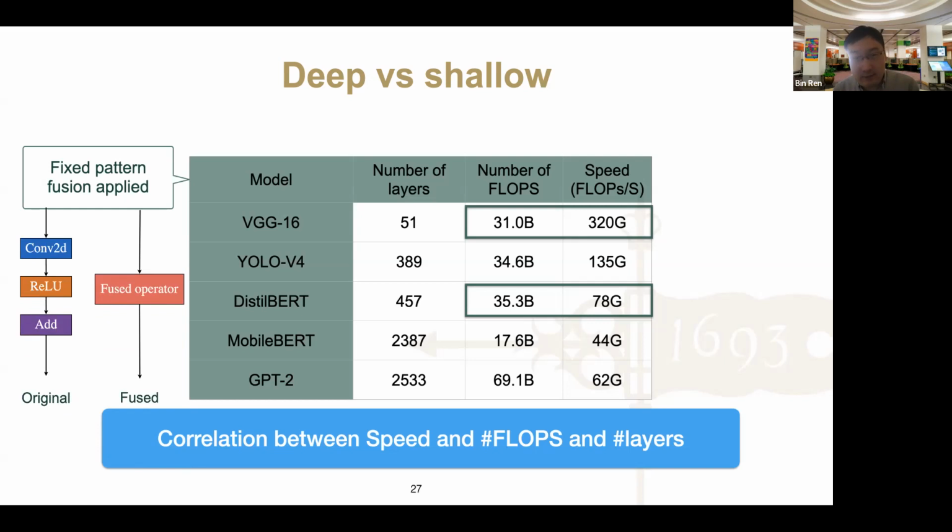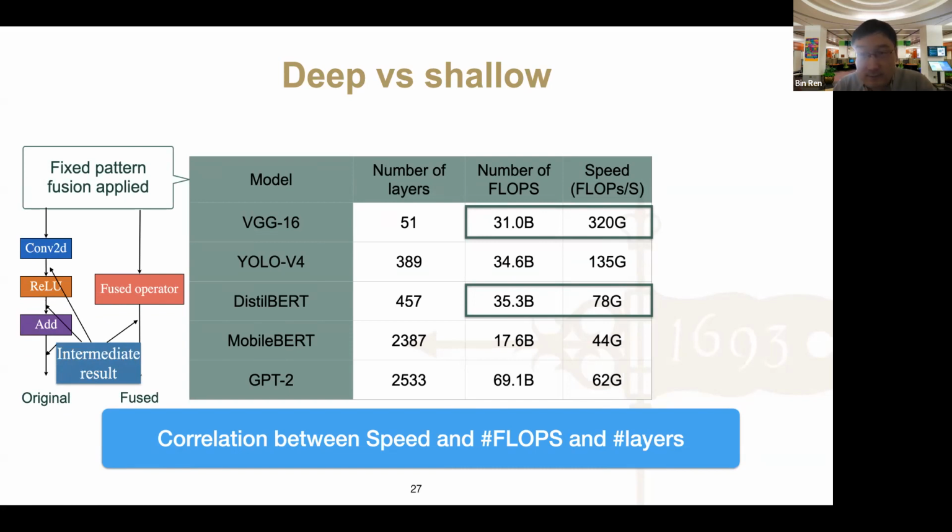The basic idea of this approach is to predefine some fixed fusion patterns, and then when we optimize the computational graph, we match these patterns with the computational graph. Apparently, this kind of method doesn't work well. It cannot give us the optimal performance.